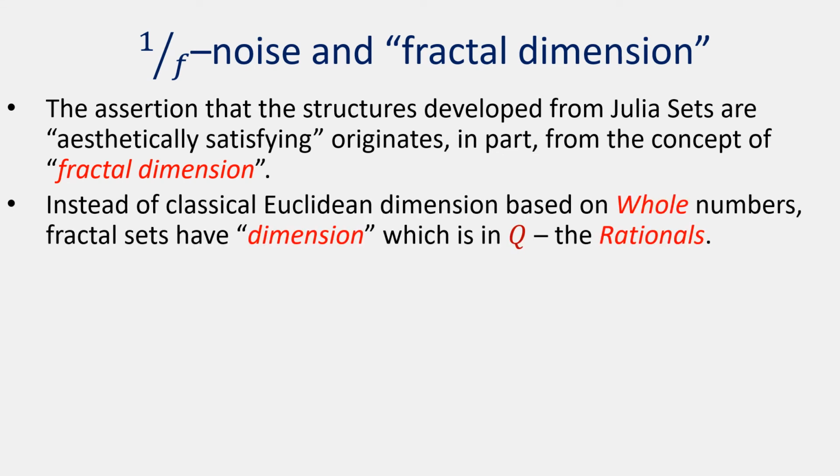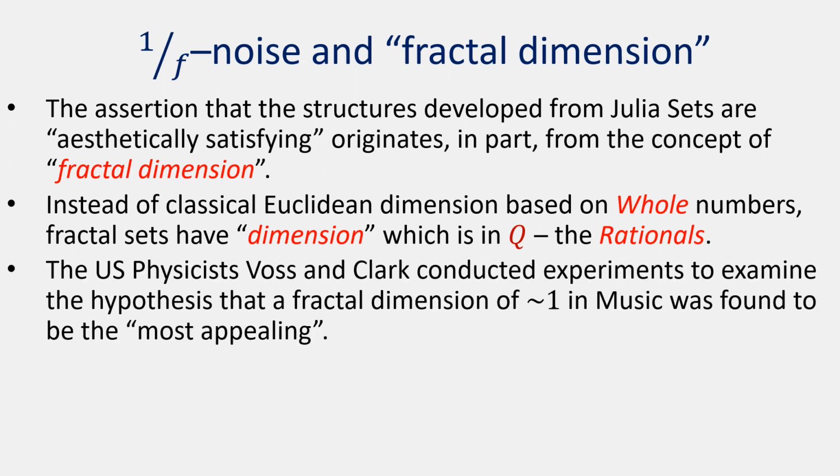So in classical dimension, we use whole numbers. A square has dimension 2, a cube has dimension 3, a line has dimension 1. In what's called a fractal set, we have objects which have dimension which belong to the rational numbers.